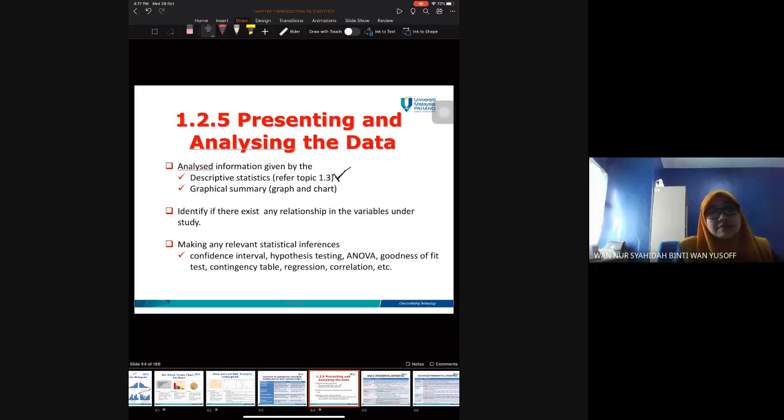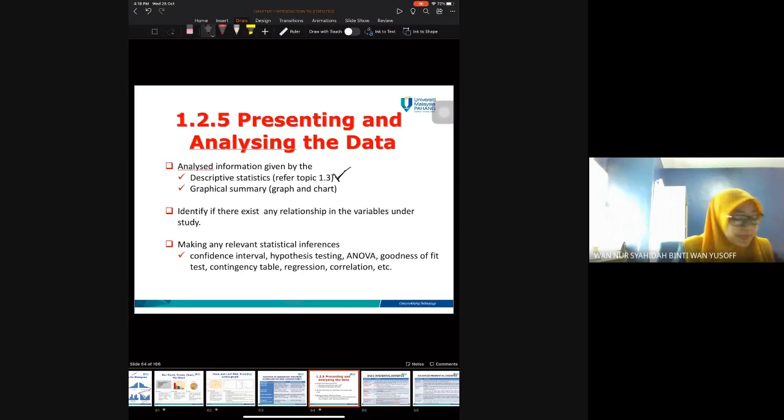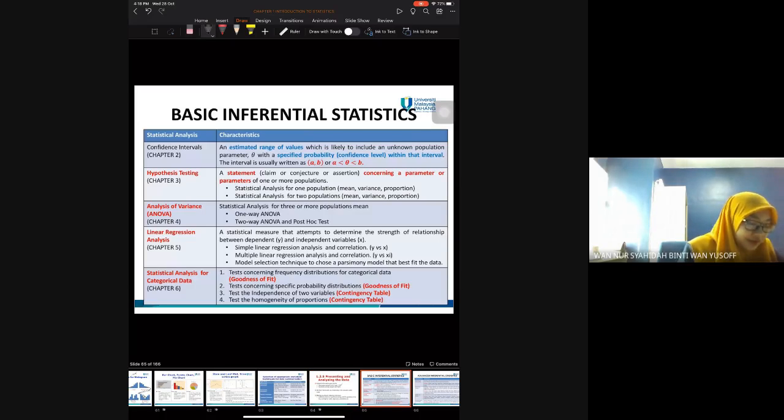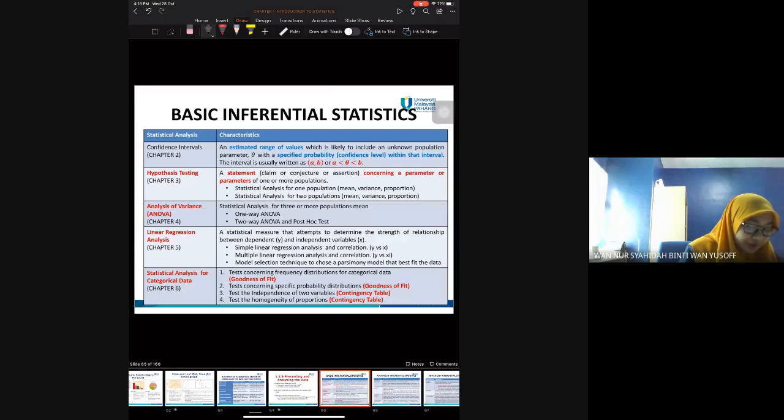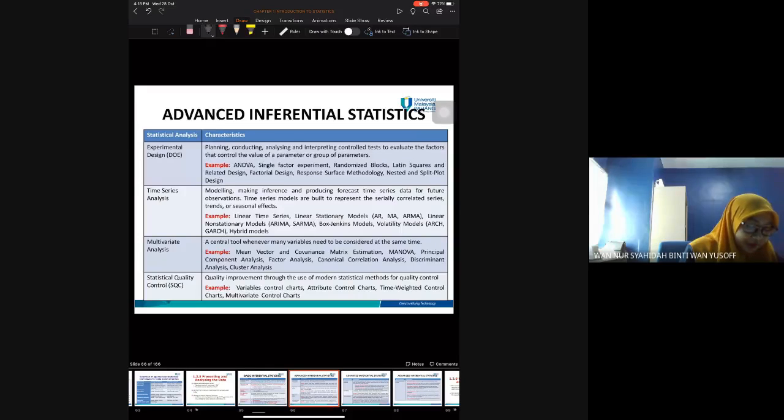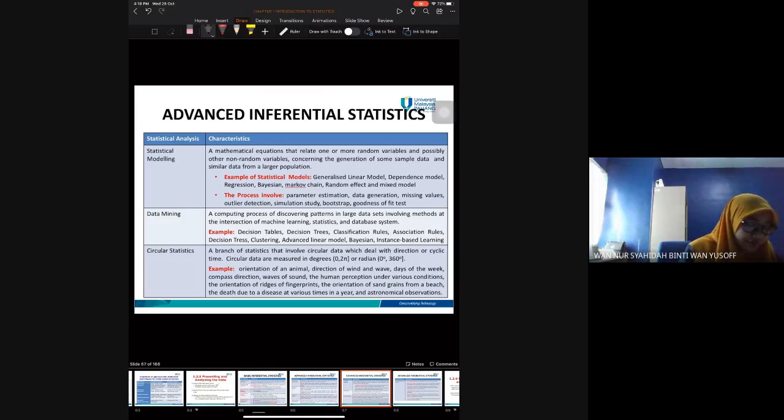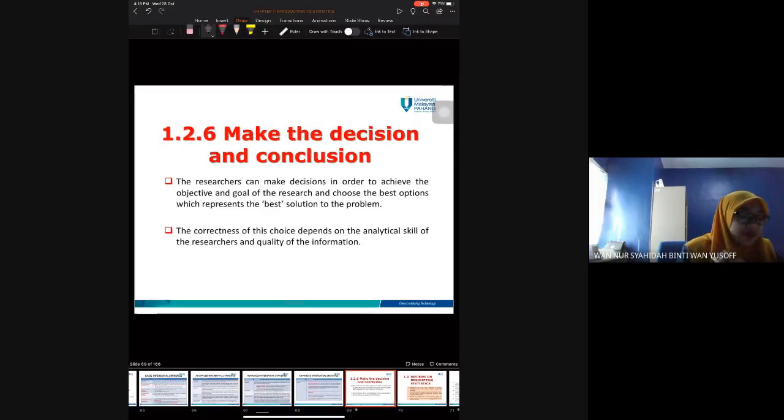Or we go to the inferential statistic. Your part B of your assignment is about inferential statistic, hypothesis testing. Here is just theory information that you have to know; you can read it on your own. All these are methods you can use to analyze your data. The last step of the statistical methodology is decision and conclusion.